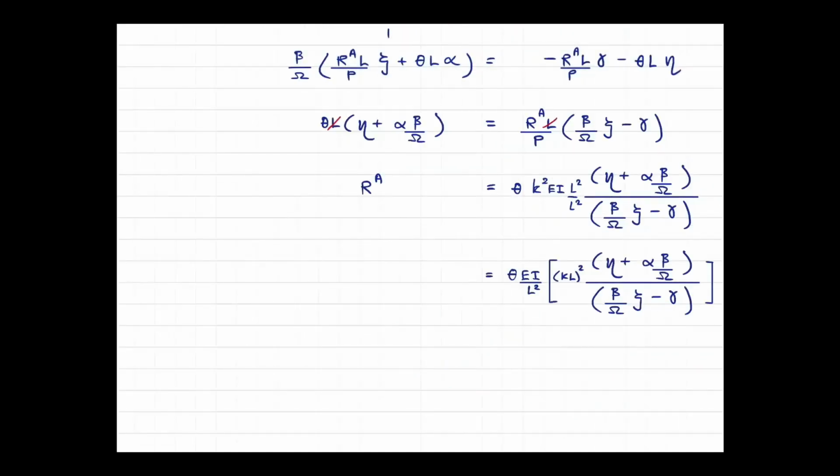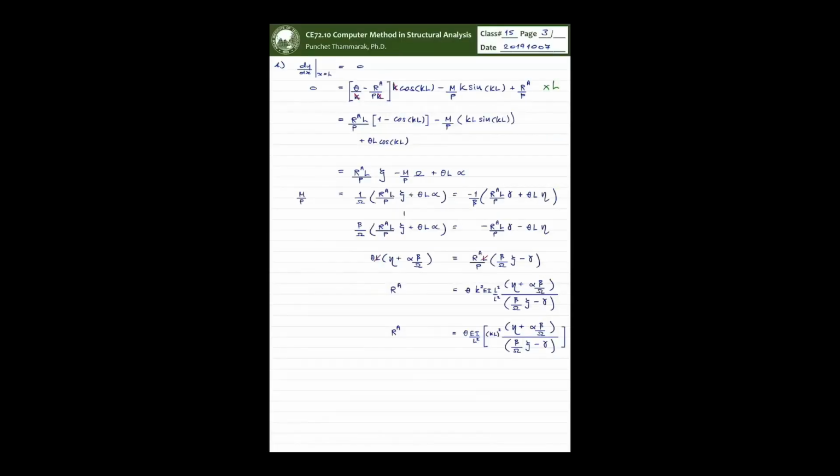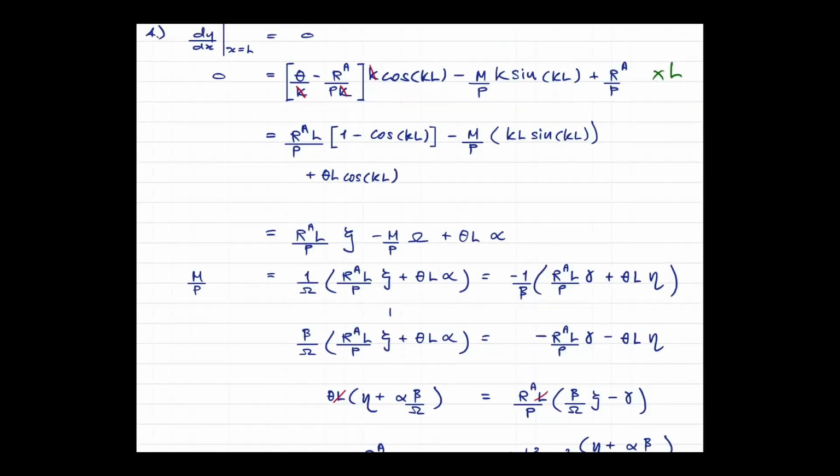That is equal to RA. It looks a little bit scary, but we let Excel work on this business. We need to find the MP as well, right? So the MP is given by either this function or this function.